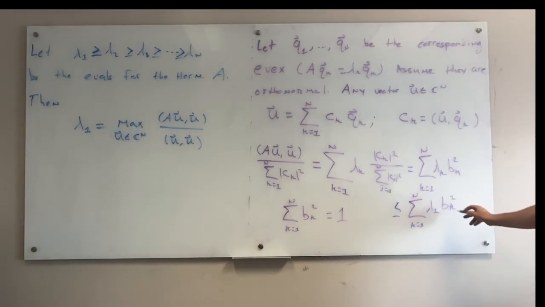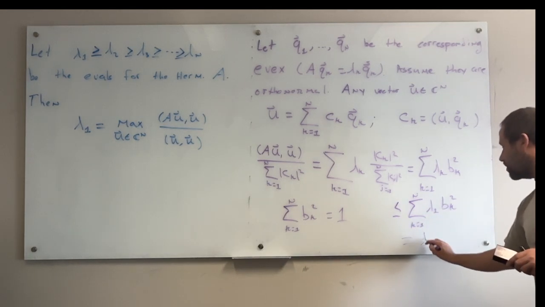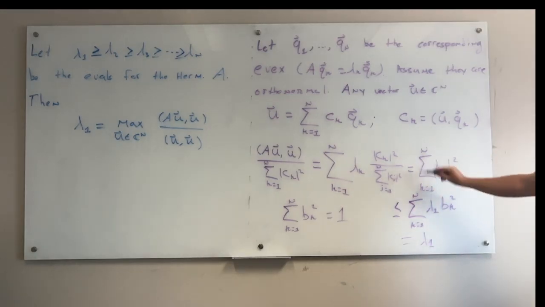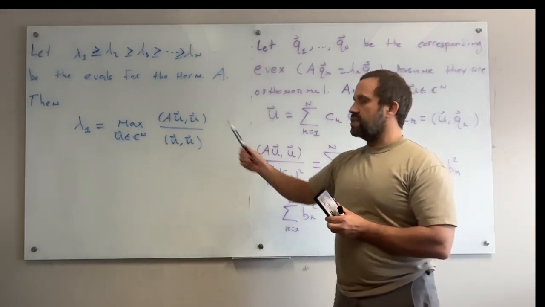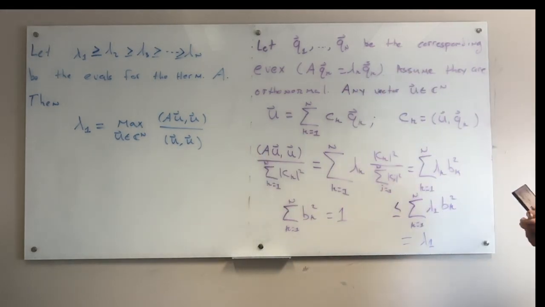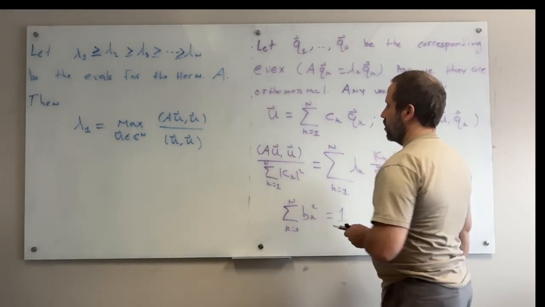Okay, but the sum of the bk squareds is equal to 1, and so this is equal to lambda 1. So this sum here is always going to be less than or equal to lambda 1. And indeed, if we pick b2, b3, b4 equal to 0, it's going to be exactly equal to lambda 1. Okay. All right, so that proves this inequality.